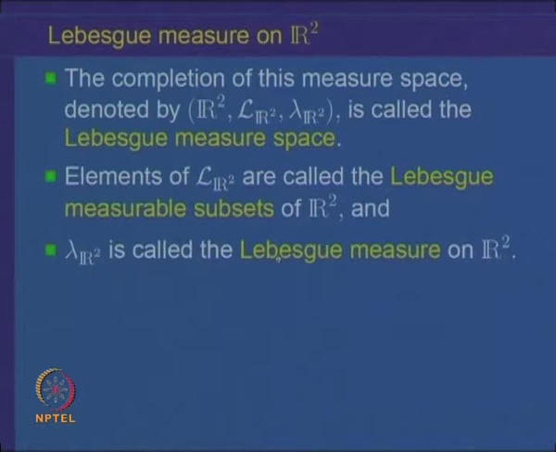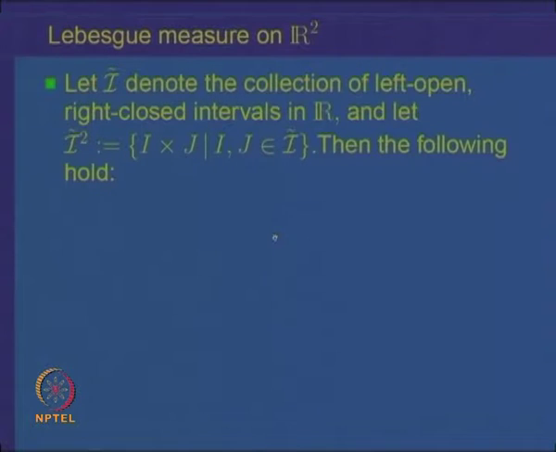Whenever one refers to the Lebesgue measure space, it is the complete measure space obtained via completing the product measure on the product sigma algebra. Today we will start looking at properties of Lebesgue measurable sets and Lebesgue measure.